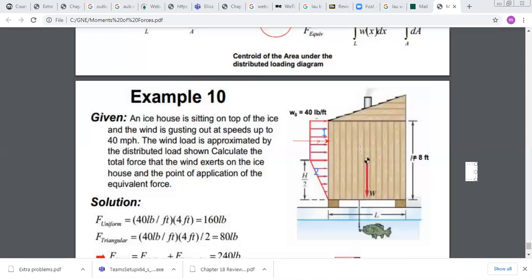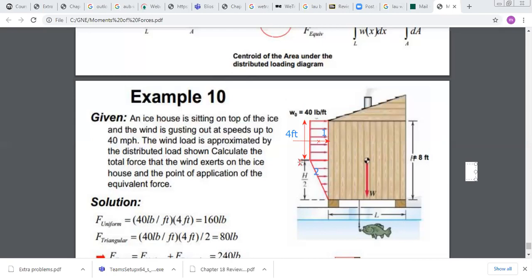So here, the distance from here to here is given to be 4 feet. Okay? So I know that this distance is 4 feet. So the distance from the centroid to this one here is 4 also.